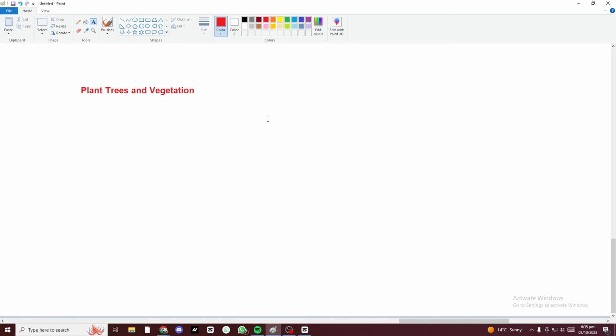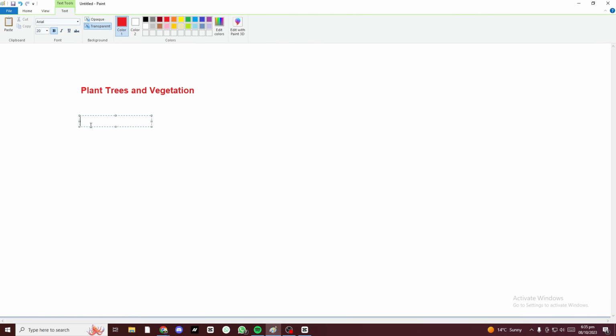This happens because the tree's roots dig into the soil, locking the soil in place. The trees also act as interception when it rains, so this reduces the rate at which infiltration can occur.